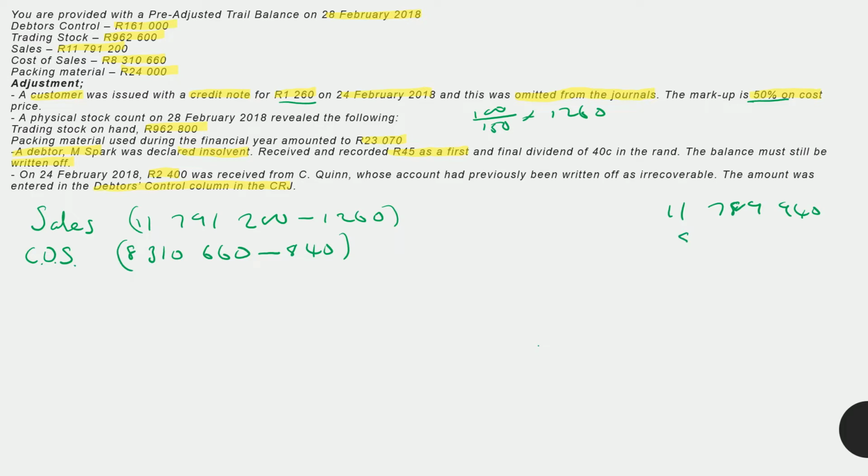This will give you 8,309,820. Subtracting this from 11,789,940 gives you a gross profit of 3,480,120. Then that's your gross profit. Then other incomes.